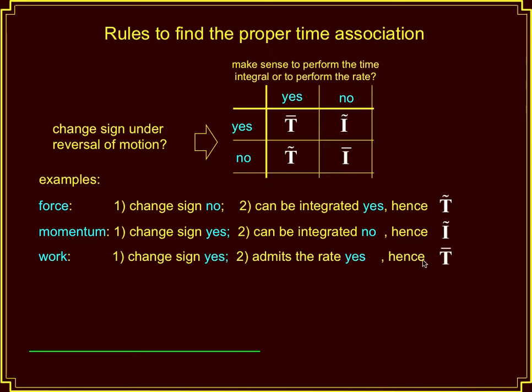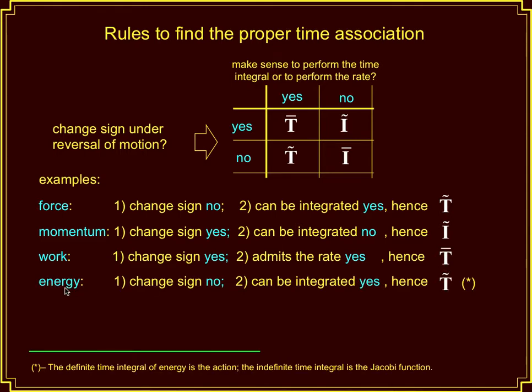It is a power, hence T bar. Energy: change sign, no. Can be integrated, yes, hence T bar. The definite time integral of energy is the action. The indefinite time integral is the Jacobi function.